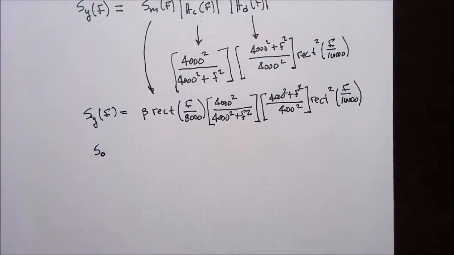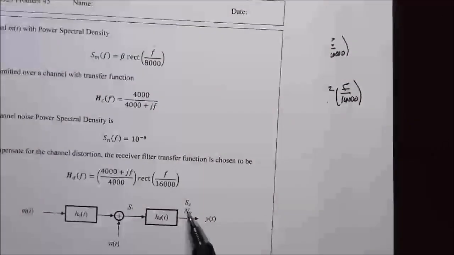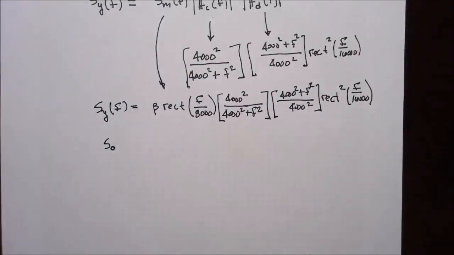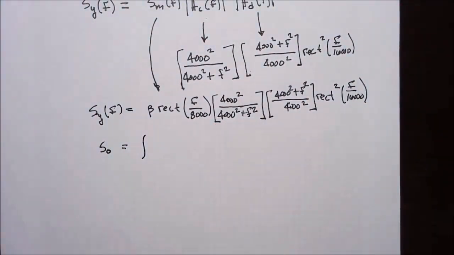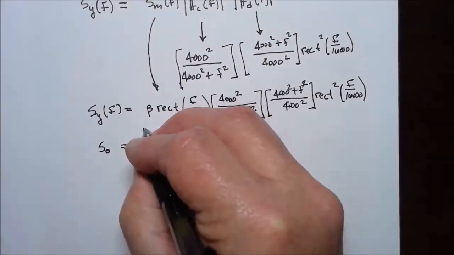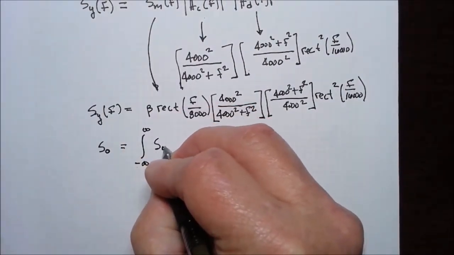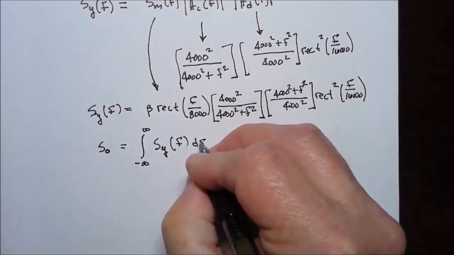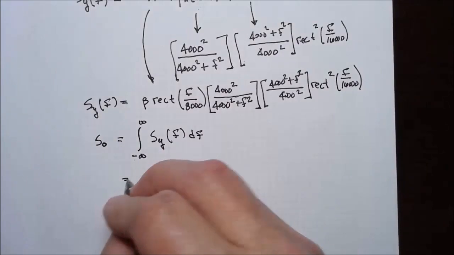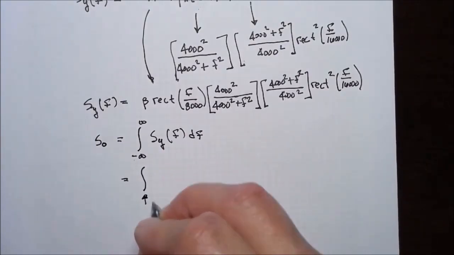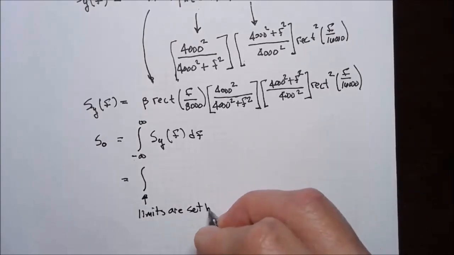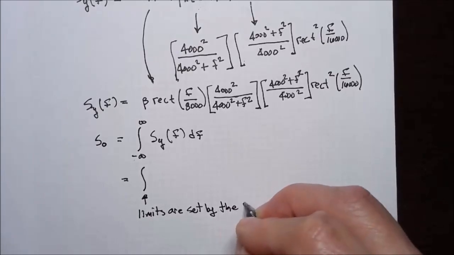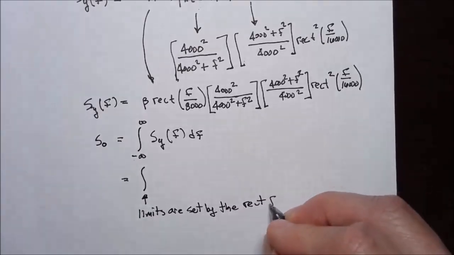the total output signal power, that's S0 here, is going to be the integral from minus infinity to plus infinity of S sub y of f df, and now the limits are set by the rectangle functions.